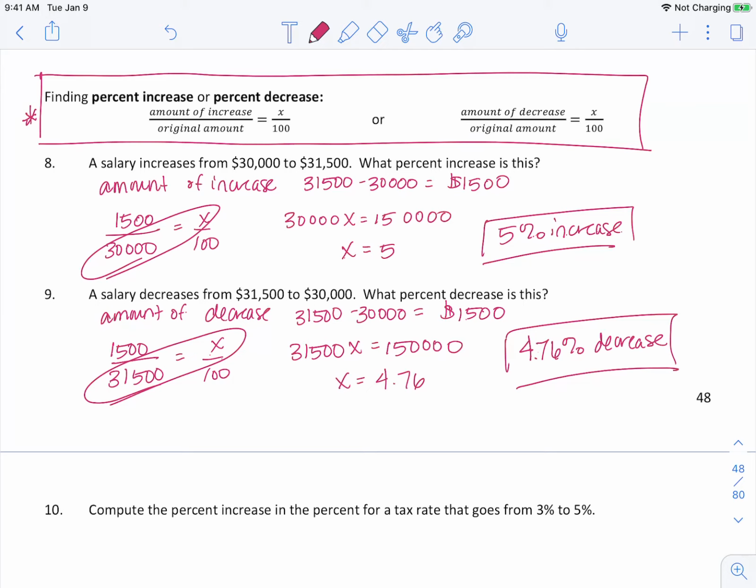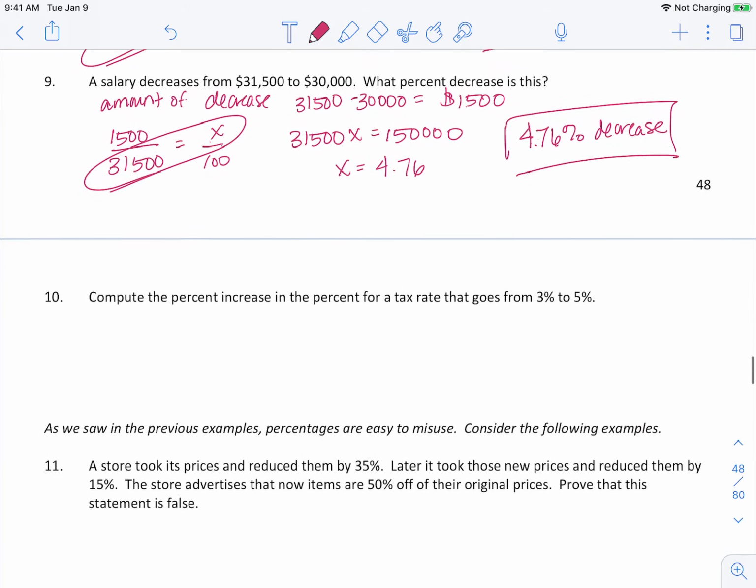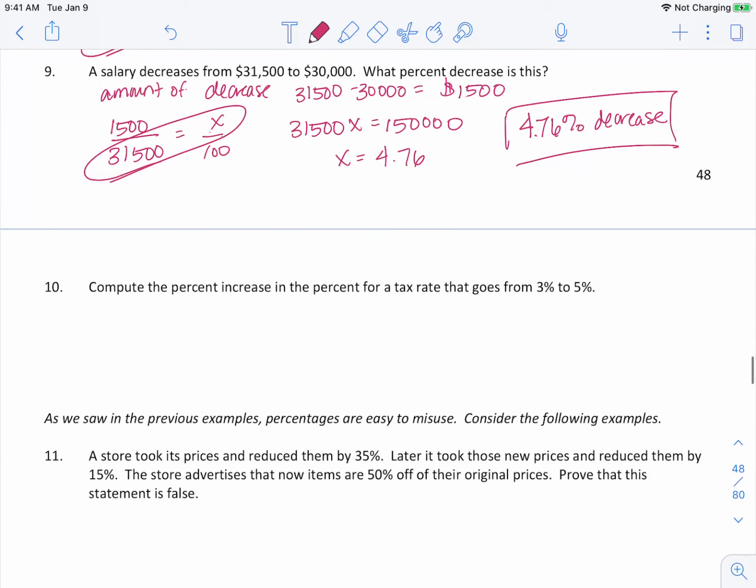So our next one says, compute the percent increase in the percent for a tax rate that goes from 3% to 5%. So our amount of increase is 2%. We're going from 3% to 5%. So we have 2 over 3 equals x over 100.